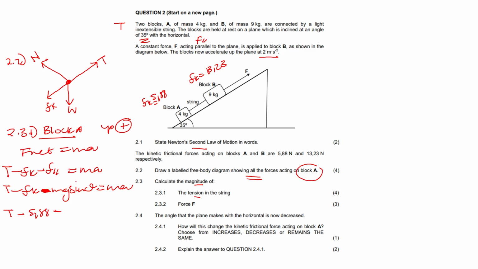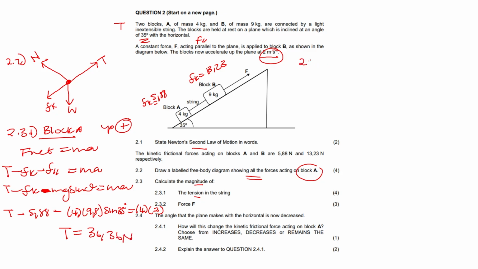That's a negative or minus. The mass is 4, the gravitational force is constant, and it's going to be sin 35 degrees. And then the mass is 4 and the acceleration is 2. They've given it to us there. So we do our math magic. We multiply, we take over to get T on its own. So the tension in the string is going to be 36,36 newtons.